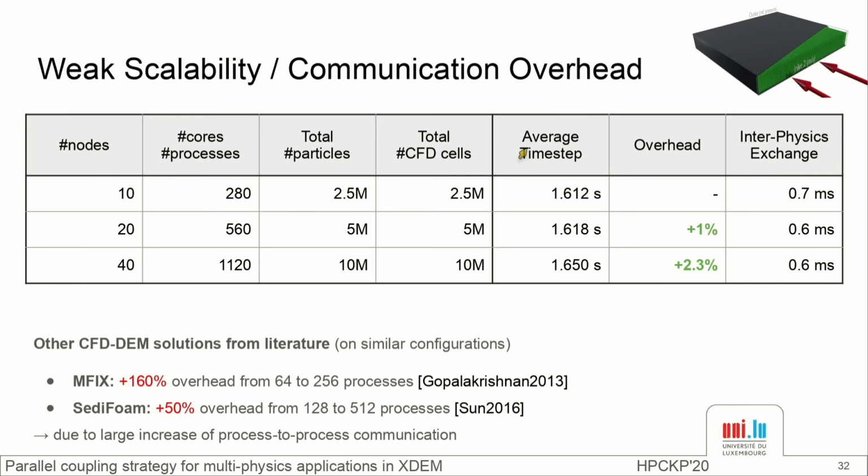If we compare to the other solutions from the literature doing CFD-DEM, of course on similar configuration, we can see in their case an overhead of 160% or 50%. This is due to the problem we have highlighted earlier, that in that case they do process-to-process communication because they don't use any collocation approach to minimize the communication.